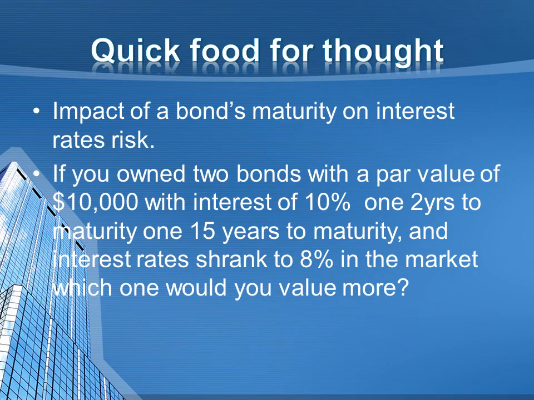Here's a quick food for thought. The impact of bond maturity on interest rate risk. Let's say, for instance, you owned two bonds with a par value of $10,000 with interest of 10%. One was held for 2 years, the other one has a maturity date of 15 years. And the interest rates in the industry shrank to 8%.